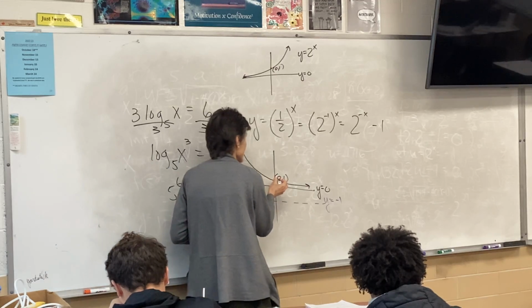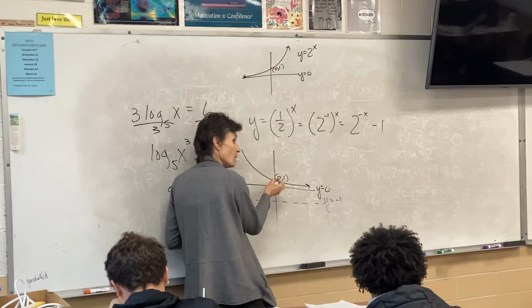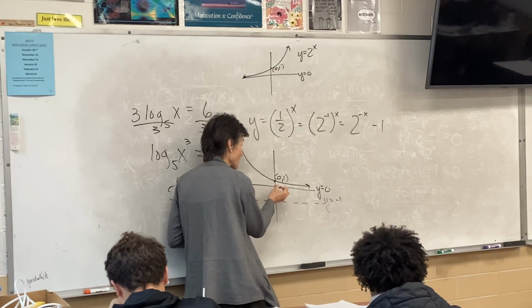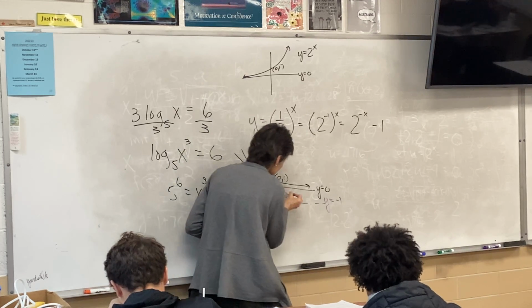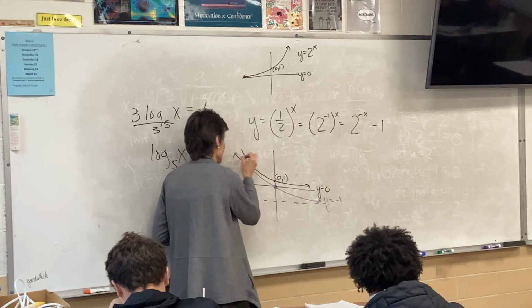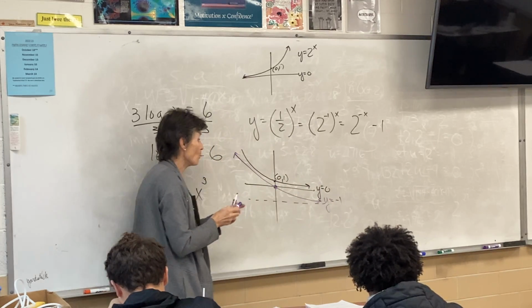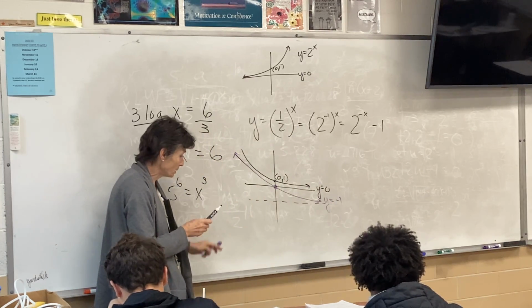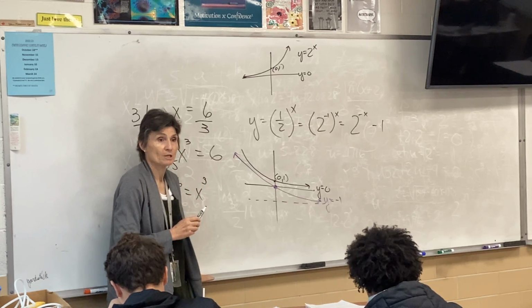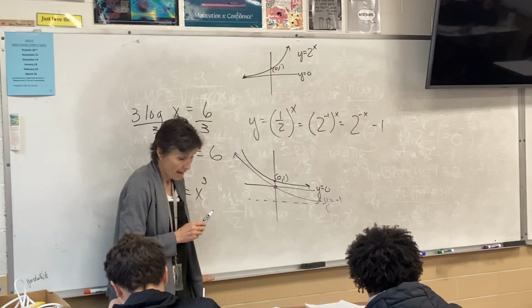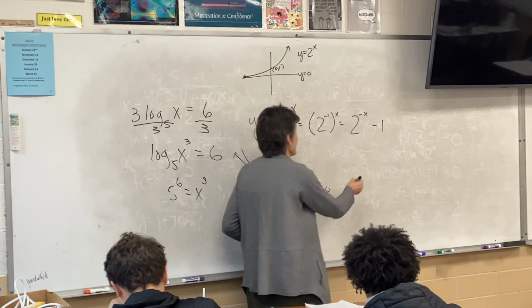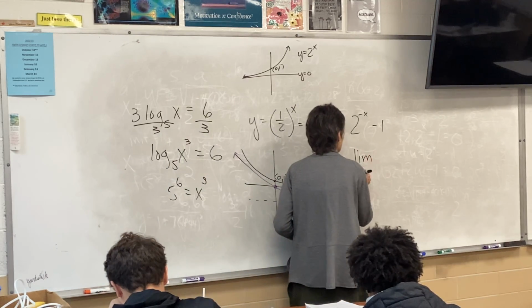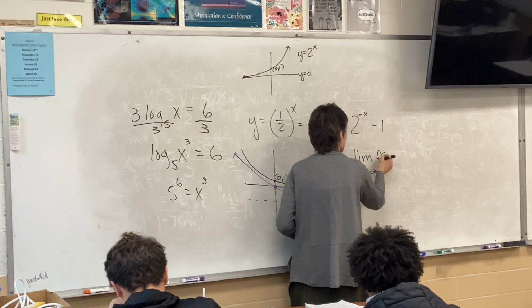Instead of the intercept being at 0, 1, it's now at 0, 0. And it's decreasing still, so it looks like this. So the purple is a picture of the equation. Now, indicate the end behavior. End behavior is this.